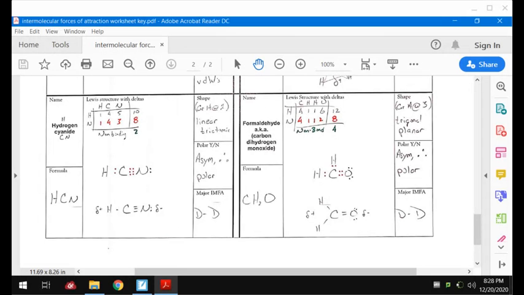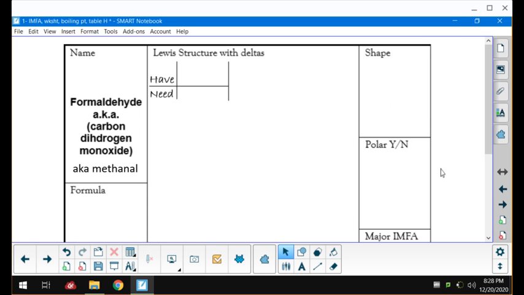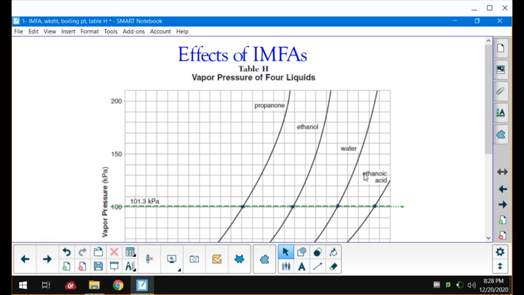But what we're going to do is take this idea of intermolecular forces of attraction and apply it to something that's called vapor pressure. And vapor pressure is exactly like what it sounds.